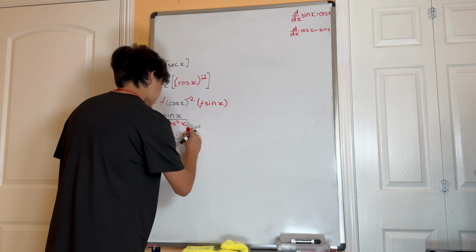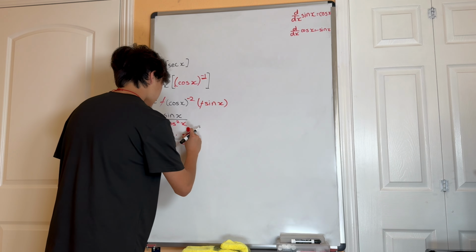And the same idea applies for cosecant, because cosecant is the inverse of sine. So just like how you can rewrite secant as cosine to the negative 1, you can rewrite cosecant as sine x to the negative 1. Like this.